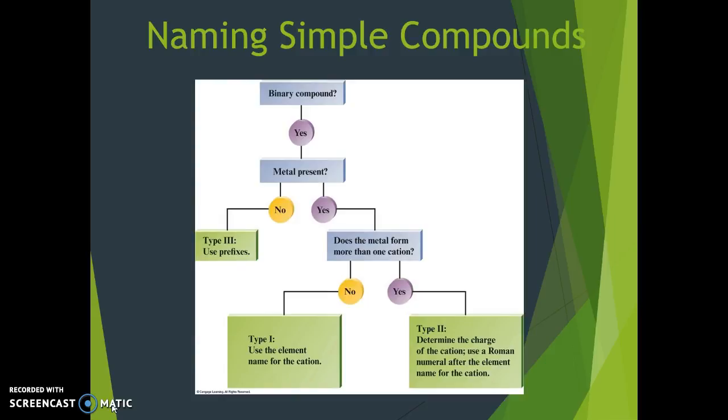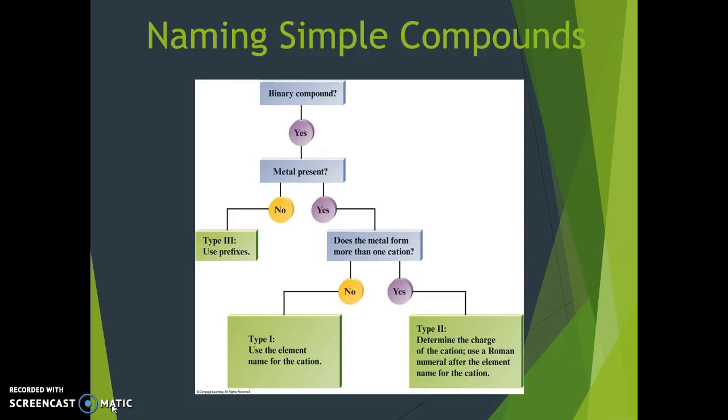This flow chart can be used to refer to when following the naming process. If it's a binary compound, the first question you ask is, does it contain a metal? If the answer is no, that means it's a covalent compound of two or more nonmetals, and you use prefixes to name the compound. If it does contain a metal, then you must ask a follow-up question, does the metal form more than one positive ion?